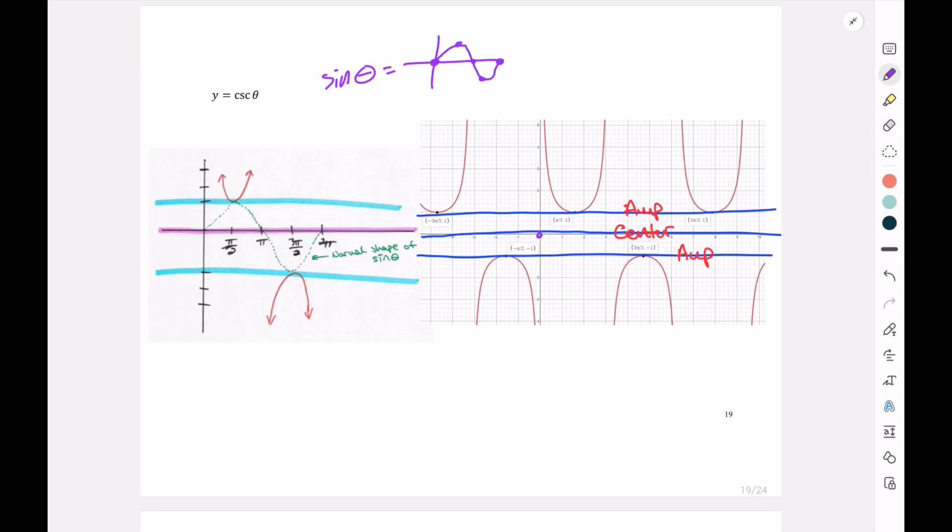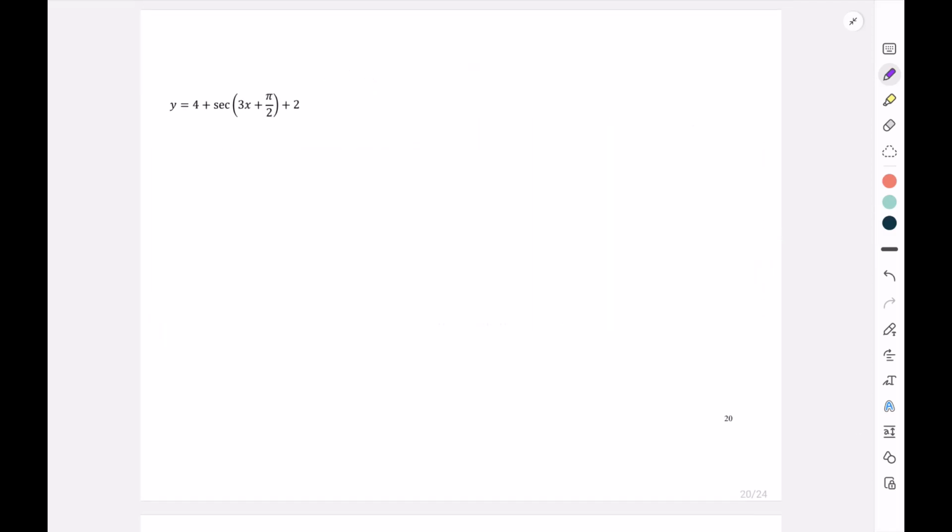If we start at our origin, we can go up to our first point, pi over 2, down to our second point, and then back down to 3 pi over 2, and back up to 4 pi over 2, and back up to 5 pi over 2. And we can constantly create this graph, and wherever we have a dot on our amplitude, we will just create a parabola. So next, we can look at y equals 4 plus secant, in parentheses 3x plus pi over 2 plus 2.